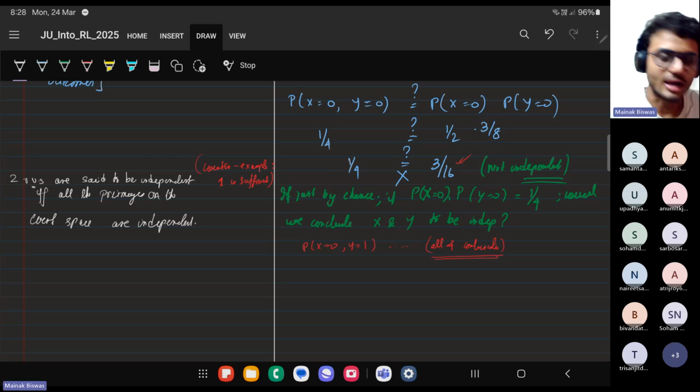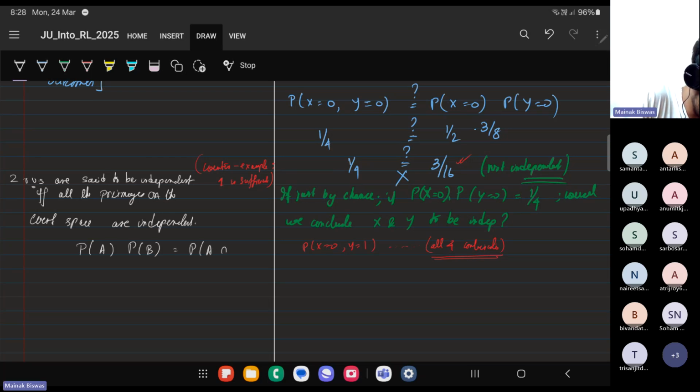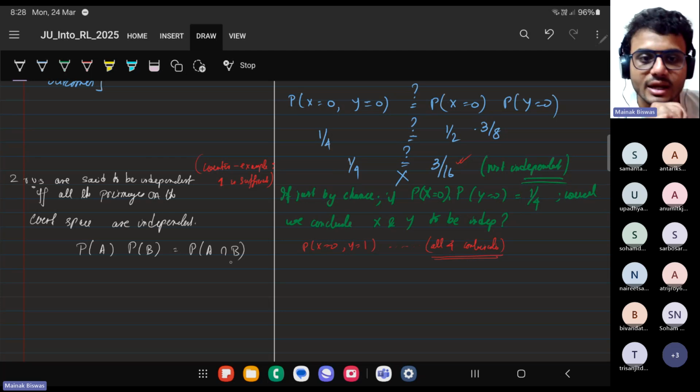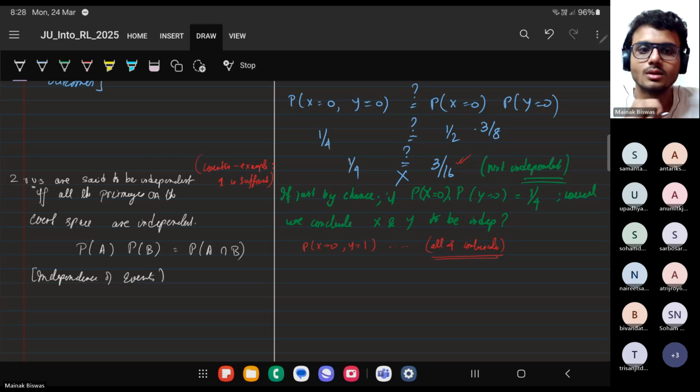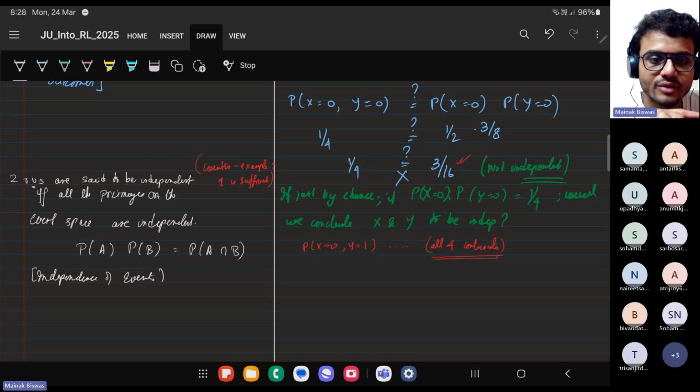So try to remember what is independence of two events. Say A and B are two events. Then A intersection B is equal to P of A into P of B, right? Independence of events. Yes or no? Two events are independent when the probabilities product out.